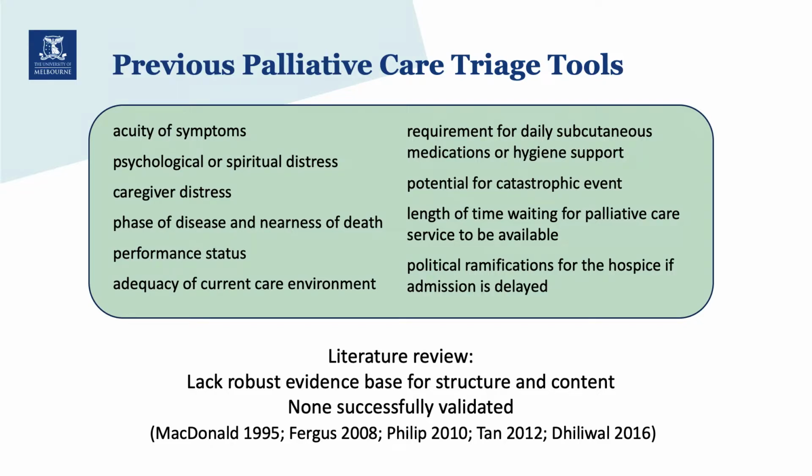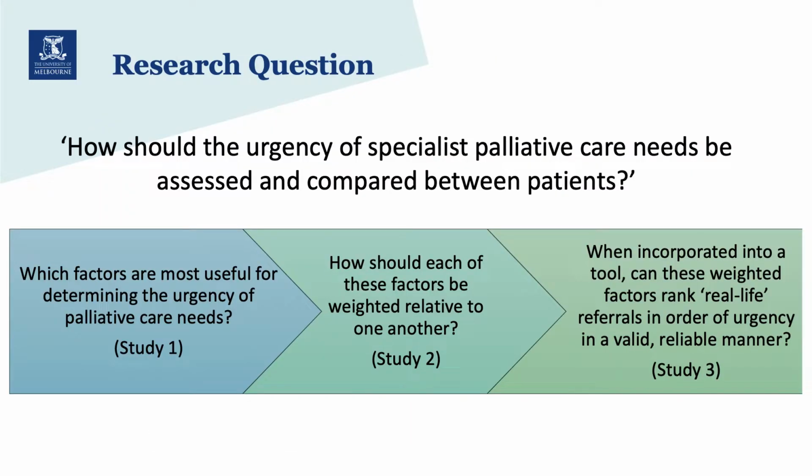So we really set out with this research question: how should the urgency of specialist palliative care needs be assessed and compared between patients? We had this practical aim which was to integrate the data to ultimately develop an evidence-based validated triage tool for palliative care.